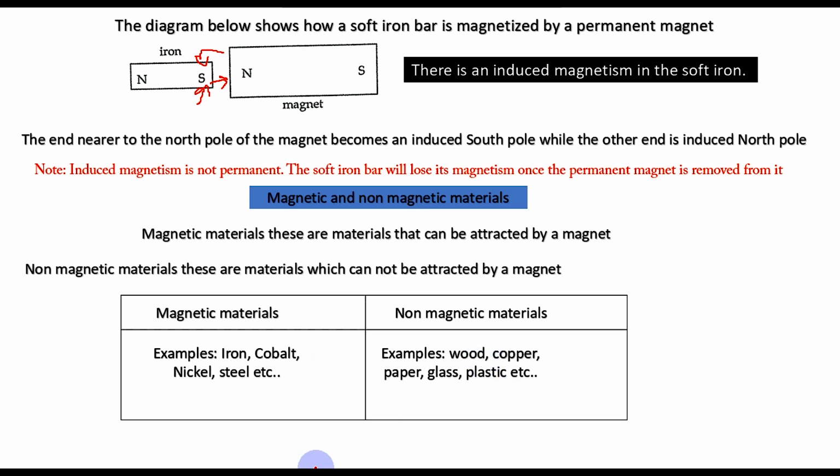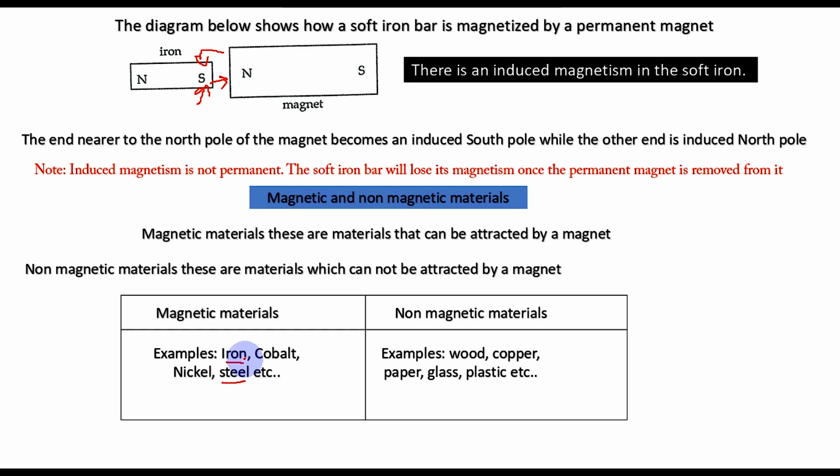Okay. So now from here, what is going to interest us is that under the magnetic materials, we have materials that are used at a larger scale, or that have got a bigger application in the world, and that is steel and iron. So our discussion in this topic will be based on iron and steel.